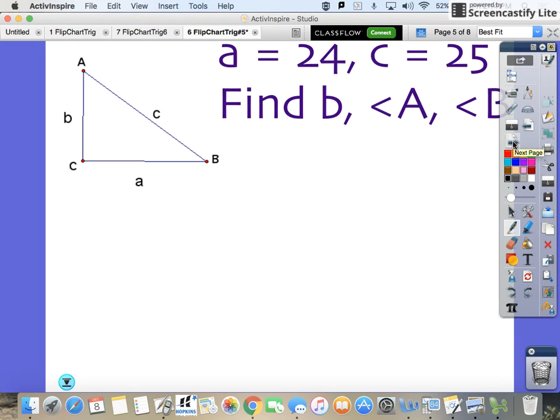So let's use it. In this problem, we are told that lowercase a is equal to 24. So here's lowercase a. This side is 24. Then C is 25. They want us to find B and then find the angles.